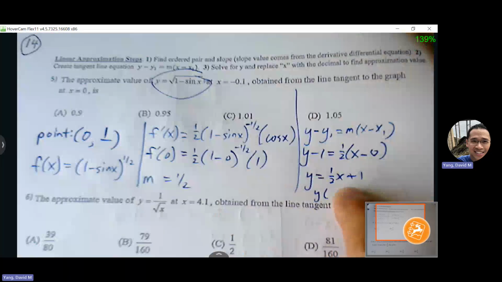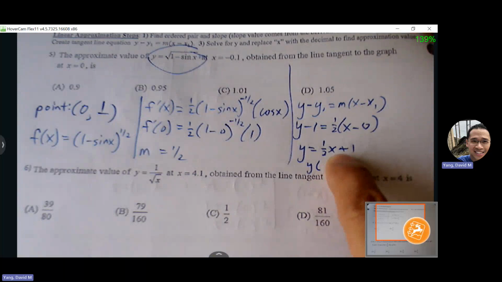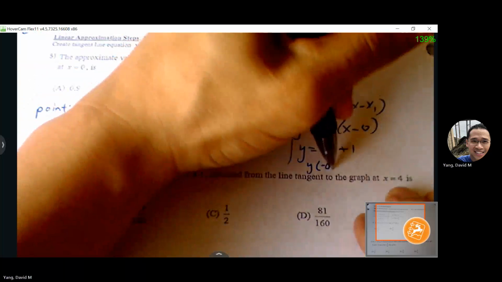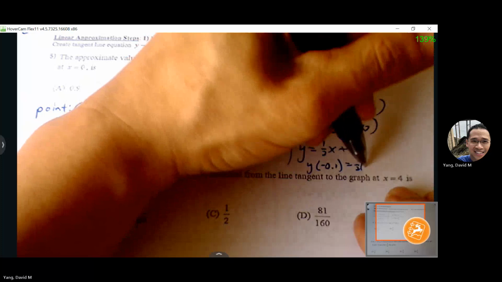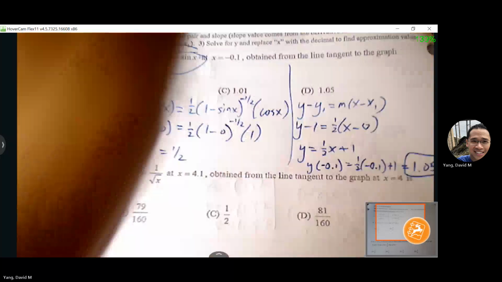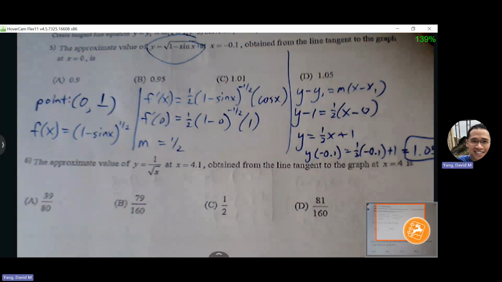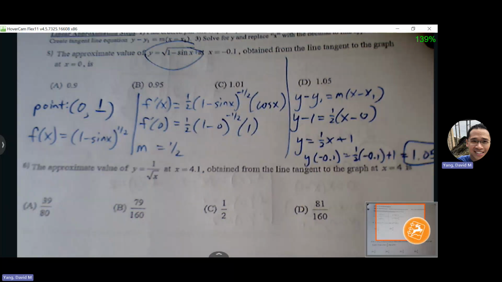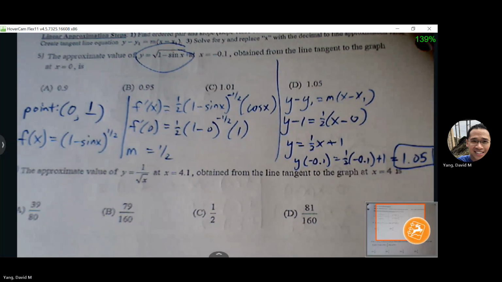And then once I have my tangent line equation, my decimal can just go in for my x. And I think the rest of the page is also dealing with that as well.